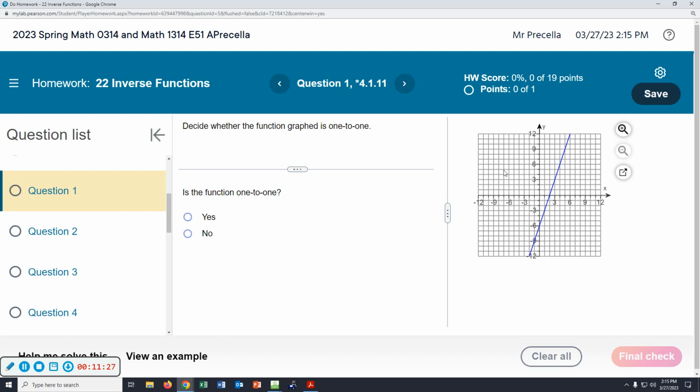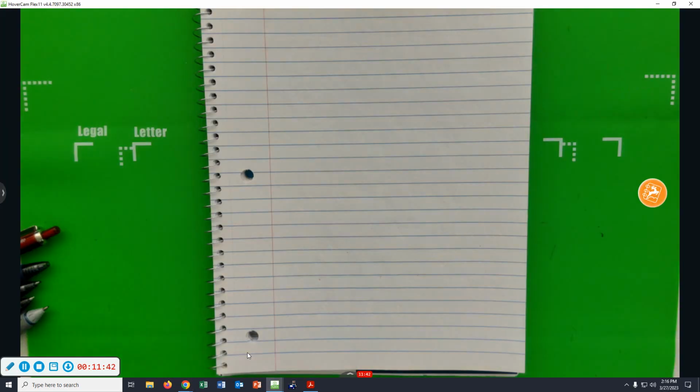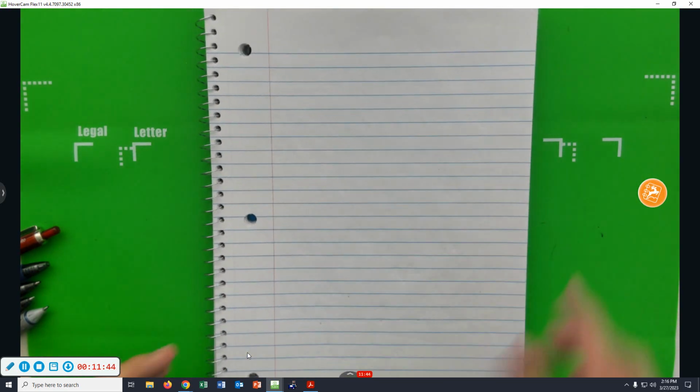Yes. It doesn't matter where you draw that horizontal line. Are you going to hit the graph in 2 or more spots? No. All slanted lines are 1-to-1. Maybe that's something we want to write down. I think it's significant, even if you all don't.